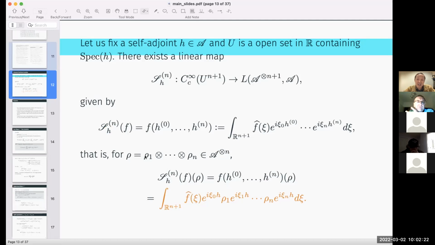I'm wondering what's the relationship between all these h's, h0 to hn, and h, because I understand that you fix your h, an element of your algebra A. How do you generate all these h0s to hn out of h? So when you have elements in the algebra and you represent them, they are derived from h.